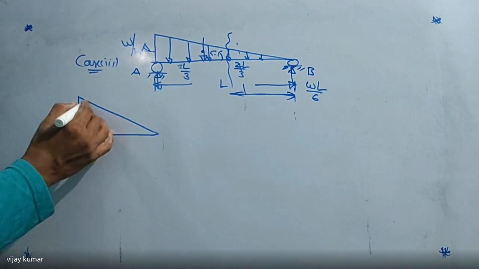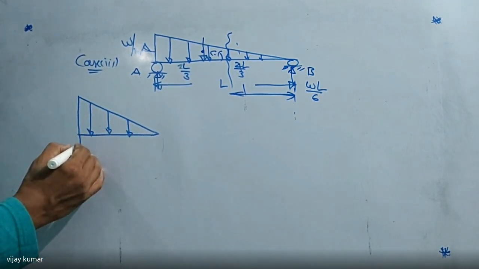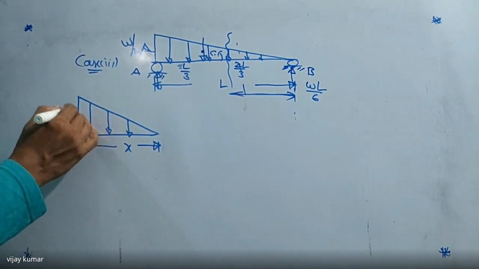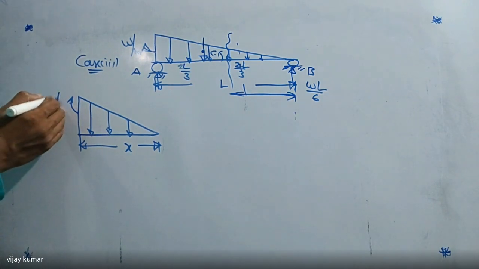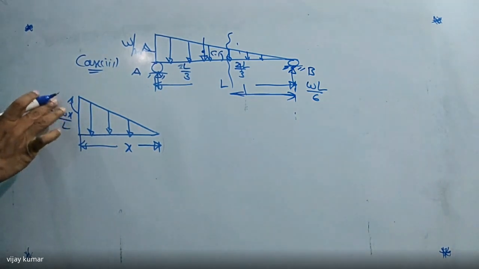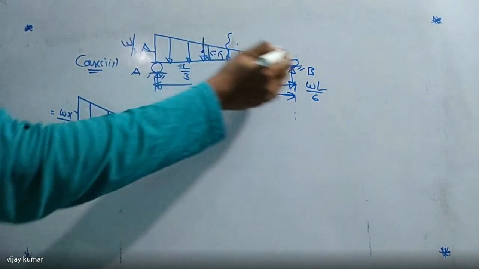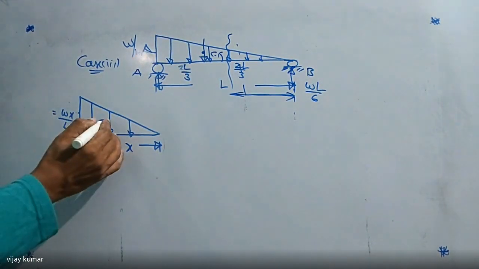After cutting the beam, this length I'm going to take as X, and this load we are going to find. I already told you that P is equal to WX by L. I already told you in case of UVL how to find it by using two similar triangles. Okay, so this is the total load.